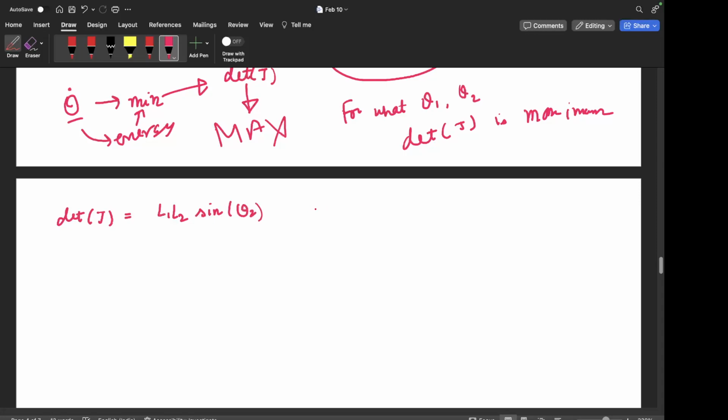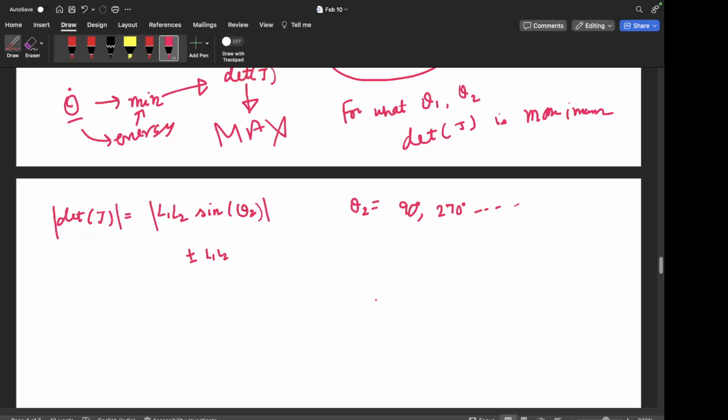So this is maximum when theta 2 is equal to 90 degrees, and here we are concerned about the mod of the determinant. The maximum of sine is plus minus 1, so this is plus minus L1 L2. So theta 2 is equal to 90 or 270, and so on.